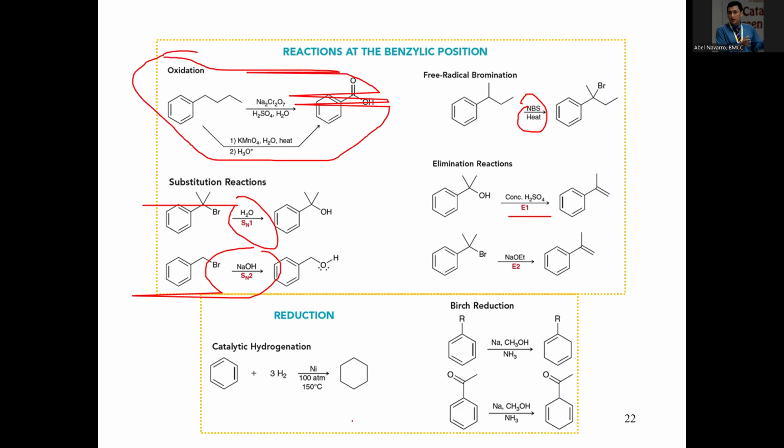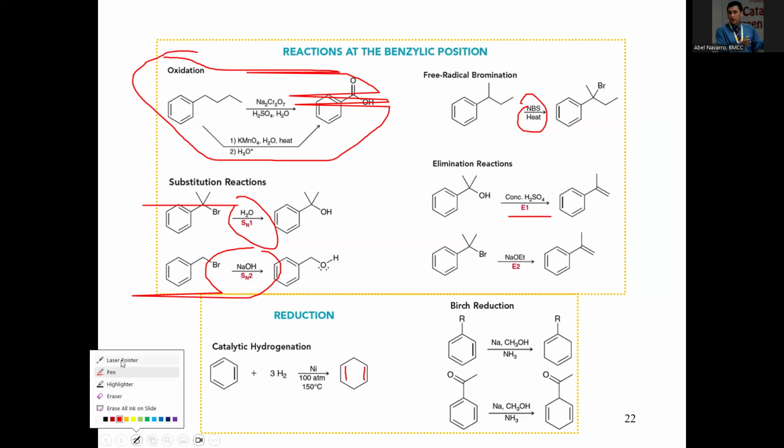Okay, this reaction, the Birch reduction. Here, another typo. It should be a double bond here. Or is it an alkene? Let me think. No, no, no, my bad. Yeah, that one is the catalytic.